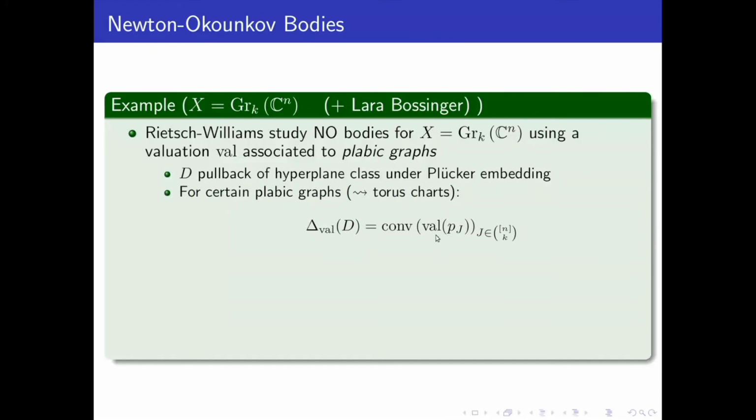Obviously the Plücker coordinates generate the homogeneous coordinate ring of the Grassmannian, and Lauren and Connie show that using these valuations coming from plabic graphs, for certain nice choices of plabic graphs, the Newton-Okounkov body, which generally is this closure of an infinite union of things, has this simple description as just a convex hull of things that already show up at level 1, namely valuations of the Plücker coordinates.